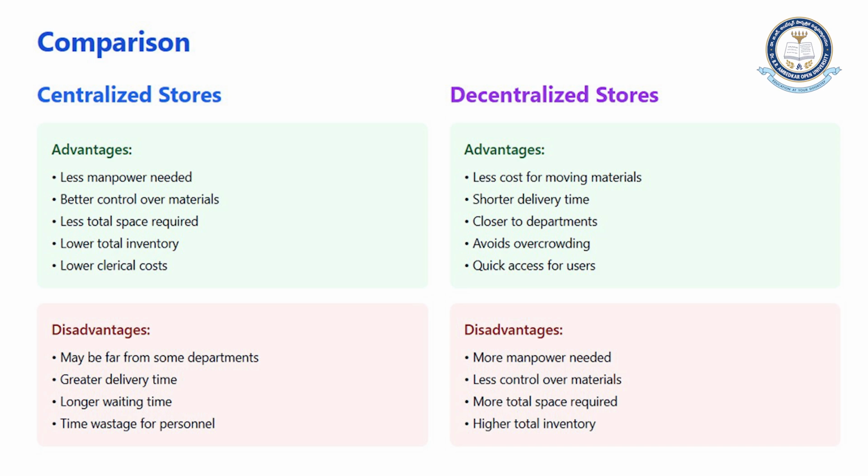If you look at centralized stores, less manpower is needed because it is very centralized. The powers are kept at one point, with the management itself. So less manpower is needed and there is better control over materials, because only some specific people will be looking after the material. Next is less total space required, lower total inventory and lower clerical cost.